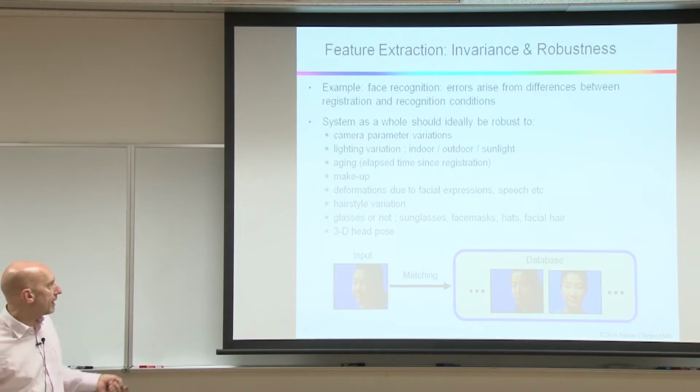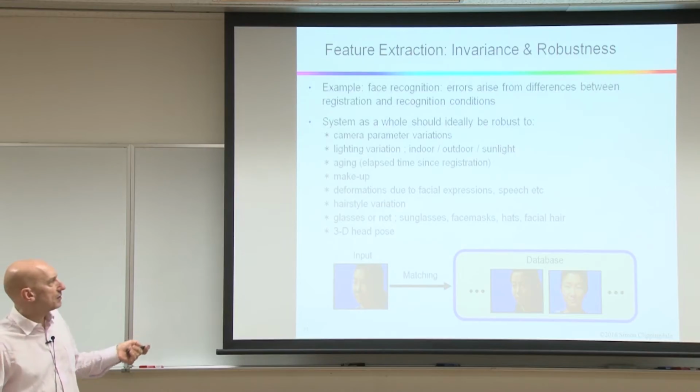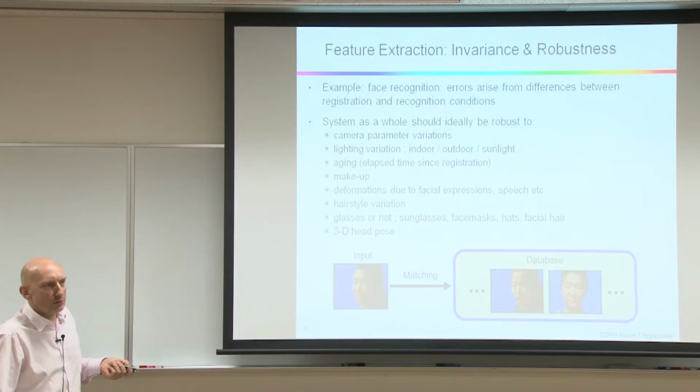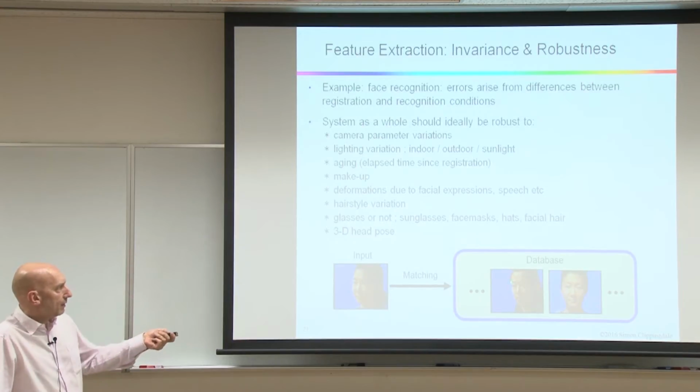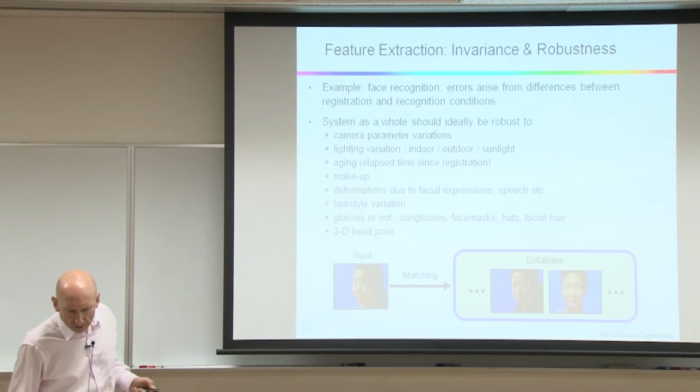Here's an example of why. Here's an input image and we're going to try and match that with images in a database, and you can probably see that the correct person is this one over here. But if you just compare these images at a pixel level in a naive way, this image is more similar to this image at a simple signal level. So what are you going to do about that?